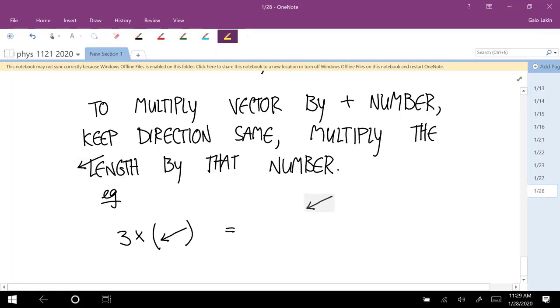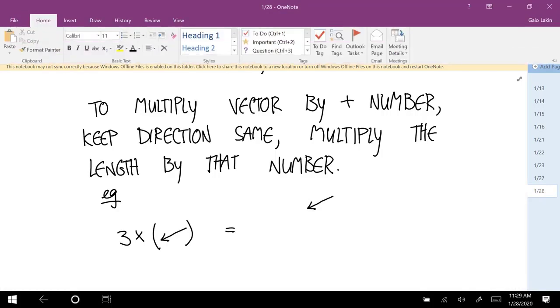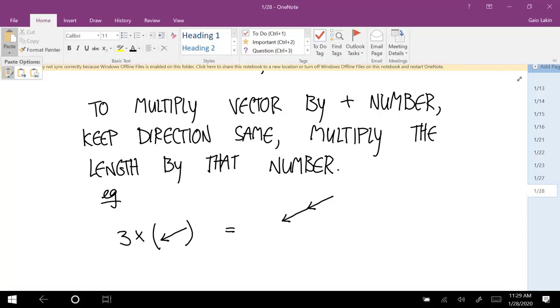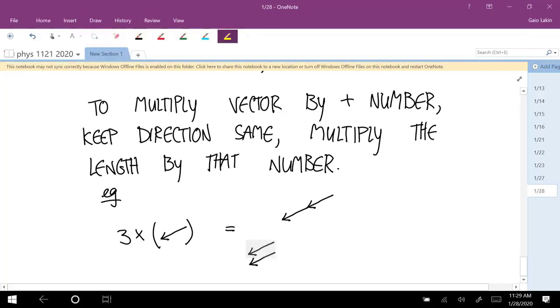Okay, so there's 1, 2, 3. And so the resultant vector is just this.